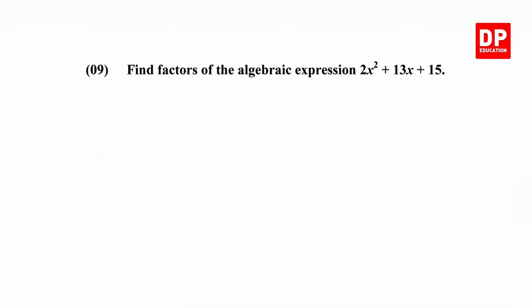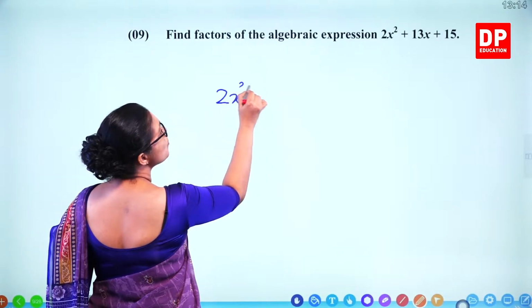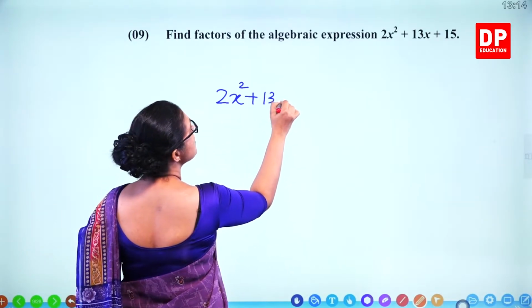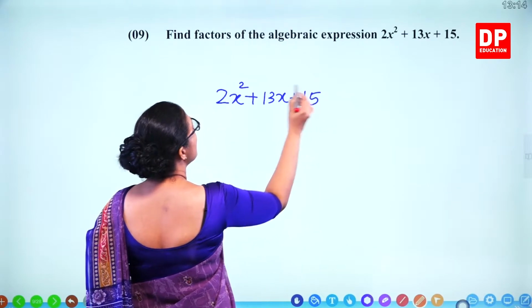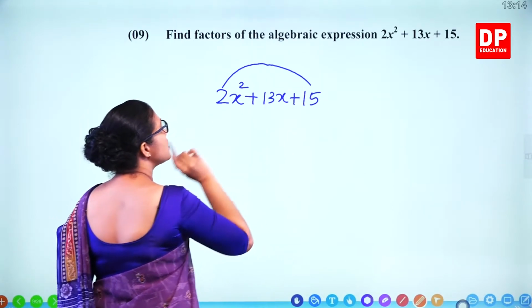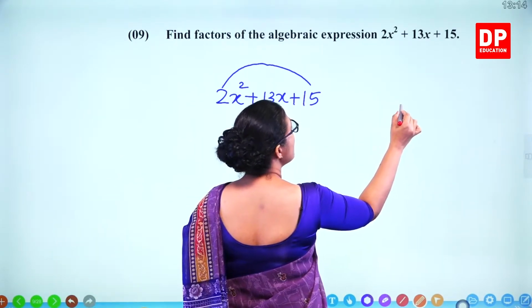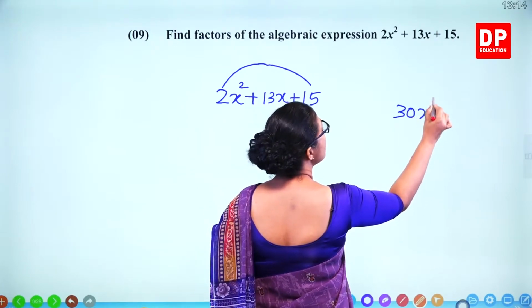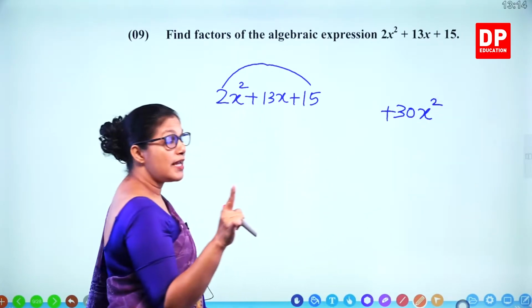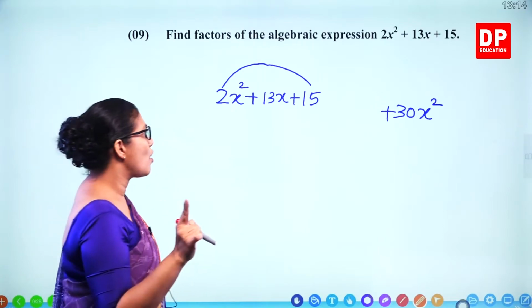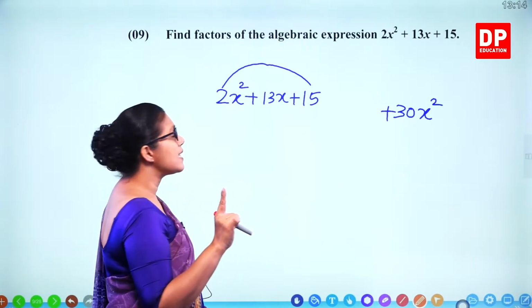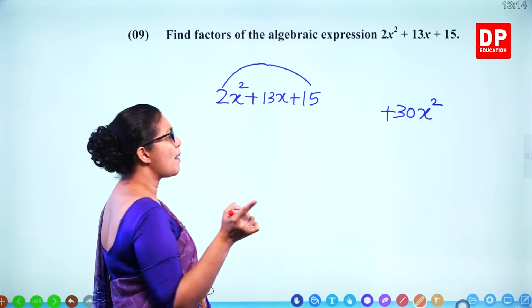Question number 9. Factors of the algebraic expression 2x squared plus 13x plus 15. How do you find the factors? You multiply these two. So you get 30x squared. That's positive. Positive means you are finding the addition of the 2 factors. Middle term is plus, means both the factors are plus.